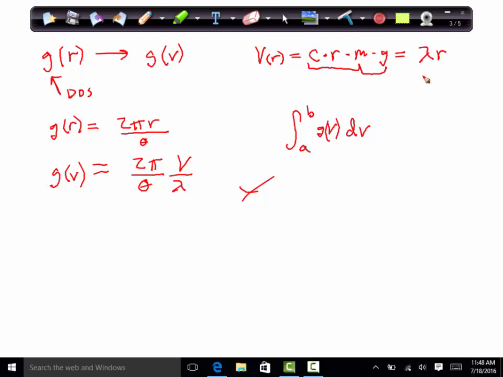And now up here again we have to figure out what dv is. So dv is lambda dr, and this is going to be equal to, now we have to remember that we're really counting in the integral, so we have to put a dr here and a dr here to get the total number of people. We would integrate both of these.